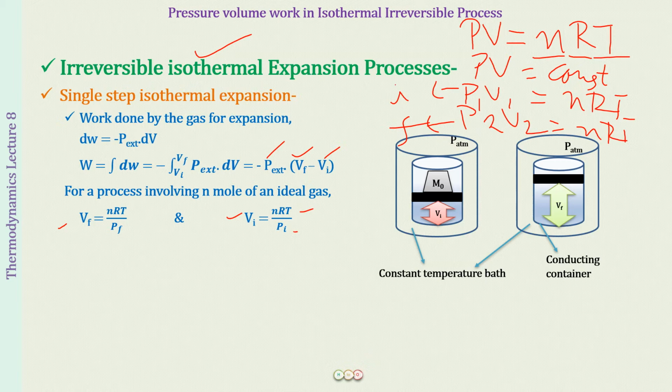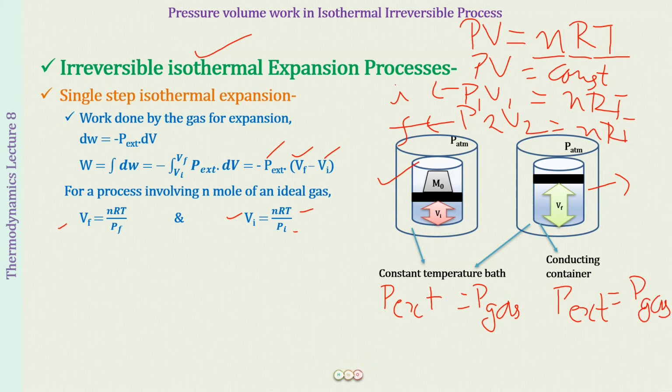Here what you have to remember is that we started with an initial state where P external was equal to the pressure of the gas, right? We have a final state also. Here also P external will be equal to the pressure of the gas.